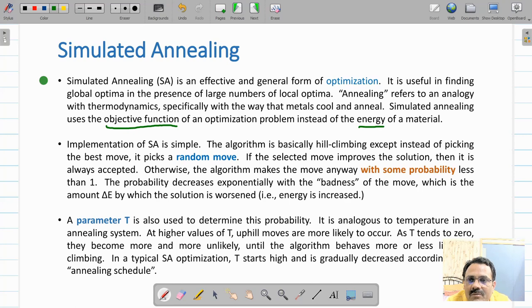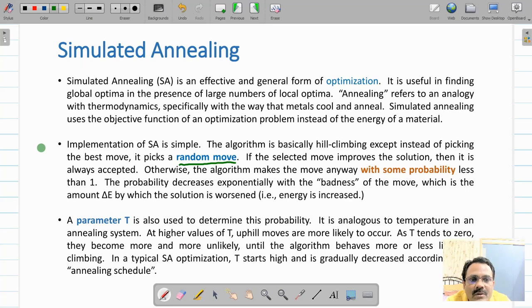So here we will define the objective function and try to minimize it. The implementation of this algorithm is simple. Basically it's a hill climbing search. Instead of picking the best move, sometimes it picks a random move also. Generally that is done in the initial phase of the algorithm.